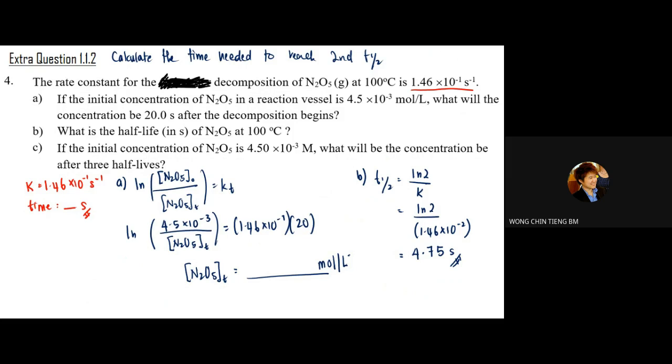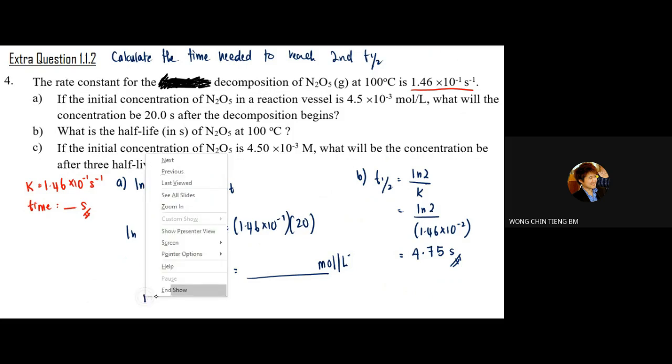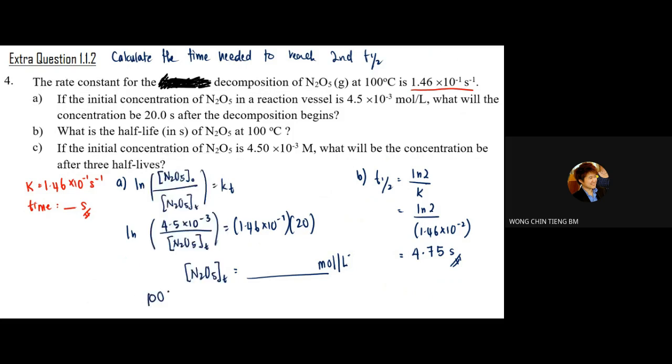Okay, half and half, nobody wins. 4.75 times 2. Correct. Okay. Calculate the time needed to reach the second half-life. What you calculated, think again. What you calculated is from my initial, 100%. Okay. 100% becomes 50% using 4.75 seconds. Right? The second half-life you calculated moves from 50% to 25, right? But if you read my question very carefully, what did I say?